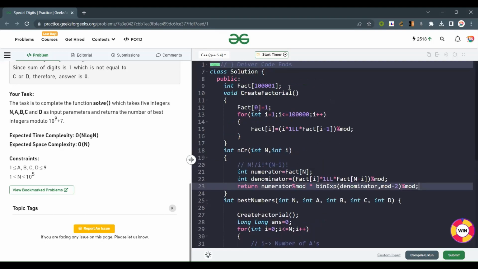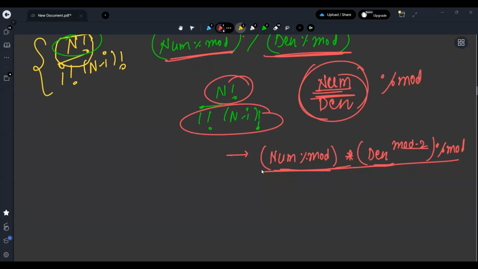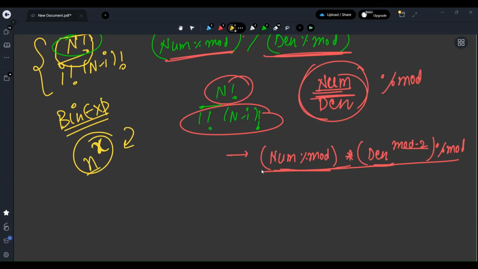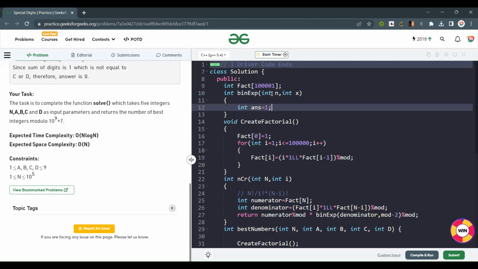Now, what is a binary exponentiation function? If you don't know the trick, you can look it up. Given n and power x, it gives n power x in very low complexity. So I will write binary exponentiation with int n and x. Answer is initially 1.